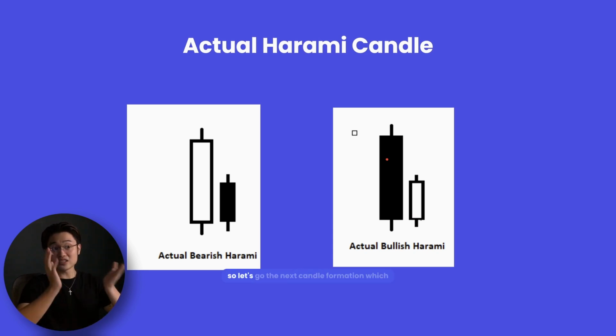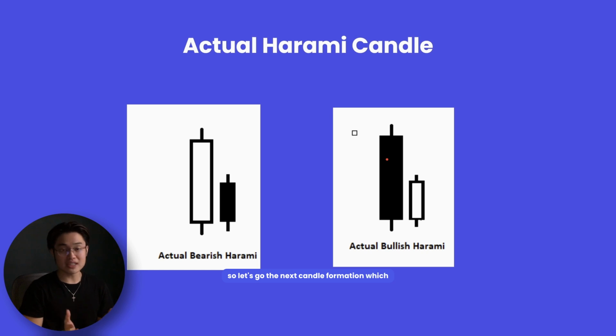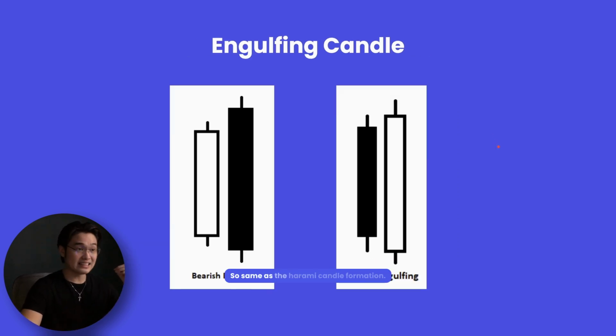Okay, so let's go to the next candle formation, which is the engulfing candle formation. Same as the harami, the engulfing formation is made of two candles. The first one is the small candle, not the bigger one like in the harami.